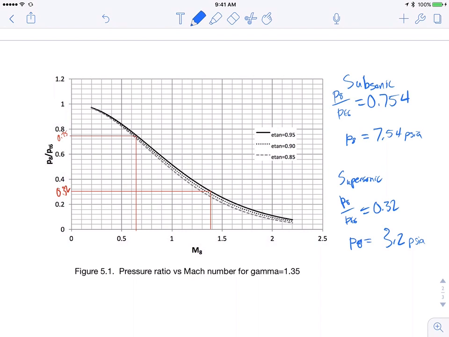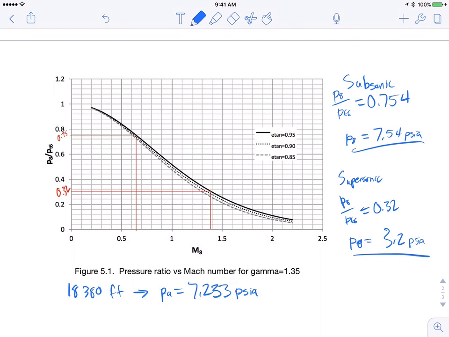In order to know where we stand, we need to go back to the beginning and remember that at our altitude of 18,380 feet, the ambient pressure would be equal to 7.233 psia. So that'll put us between the subsonic case and the supersonic case.